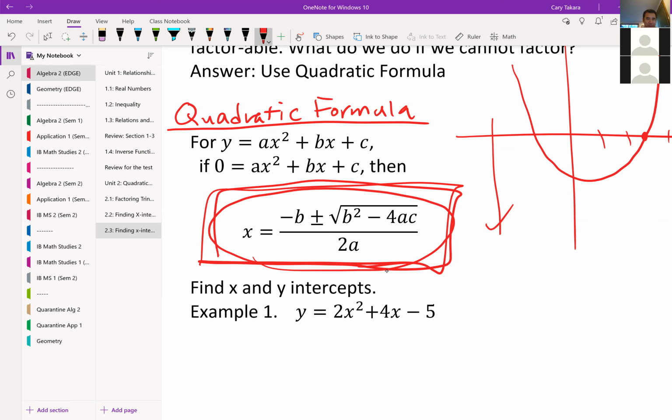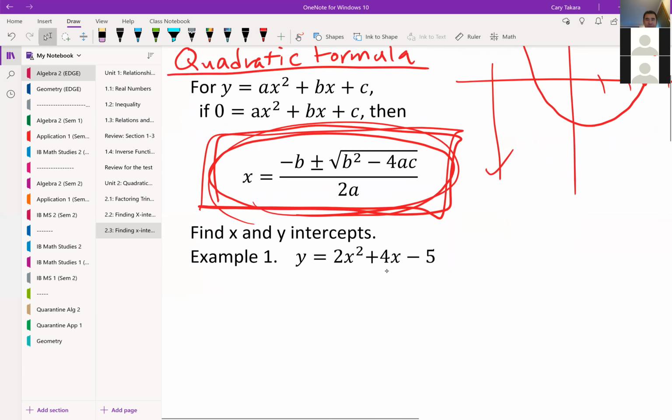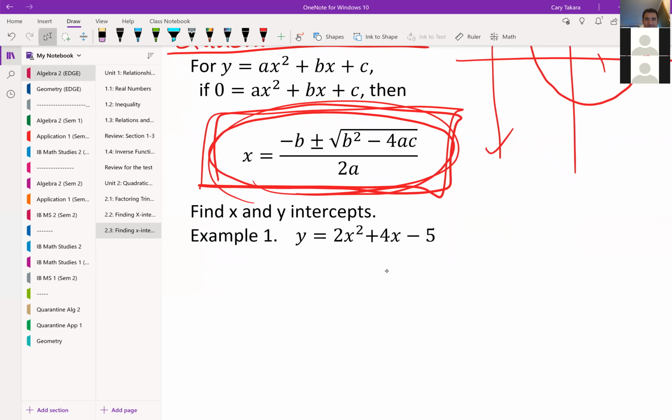Well, we're going to apply quadratic formula to find x-intercept. Okay, and so how do we do that? Okay, so first we need to identify what is A, B, or C.